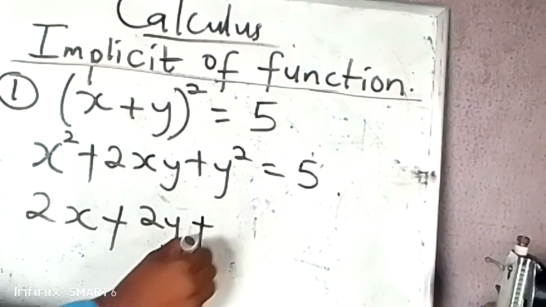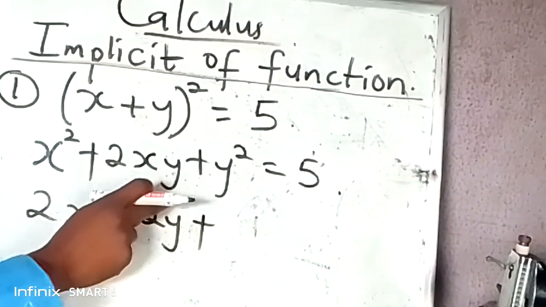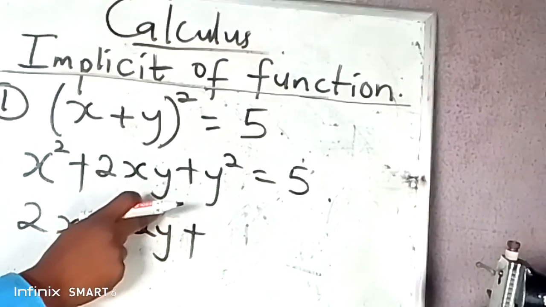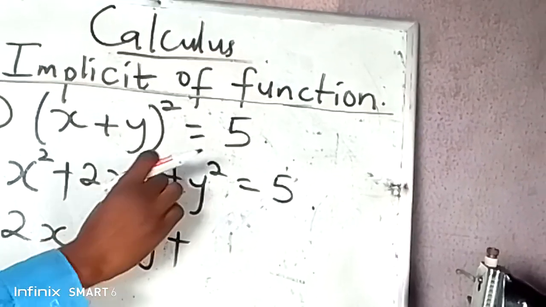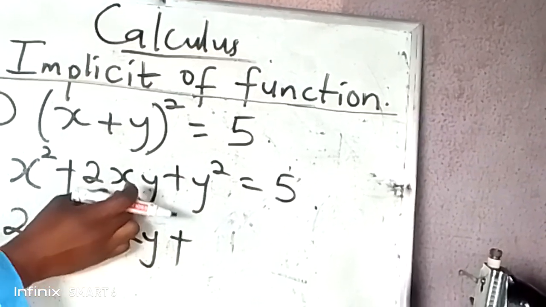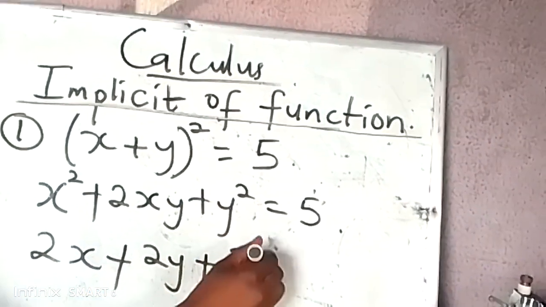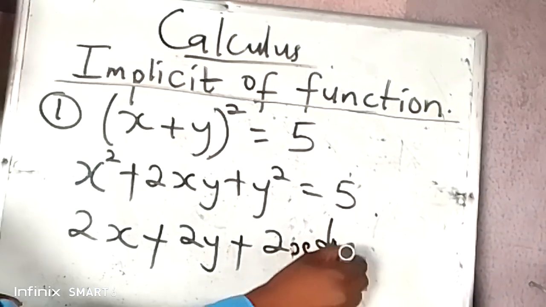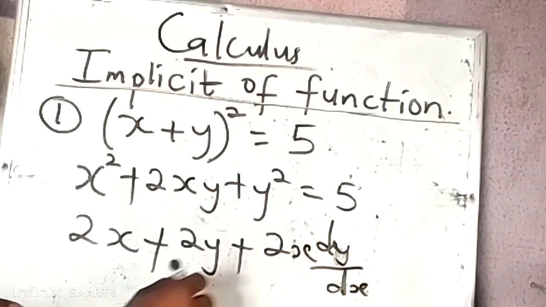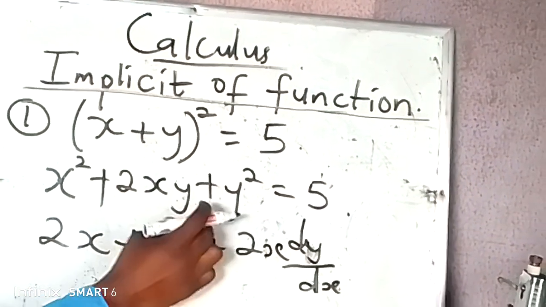Plus, now I differentiate y. What's the differentiation of y? That is 1. And anytime I differentiate y, I'll put dy dx. So I'm going to have 2x dy dx. Why do I put dy dx? Because I differentiated y.